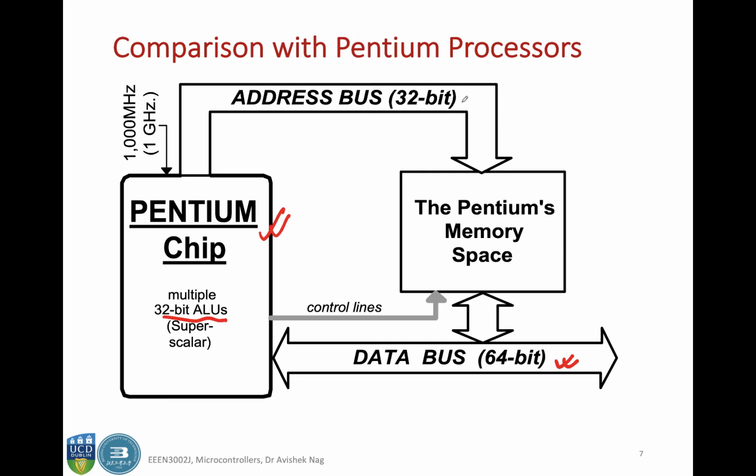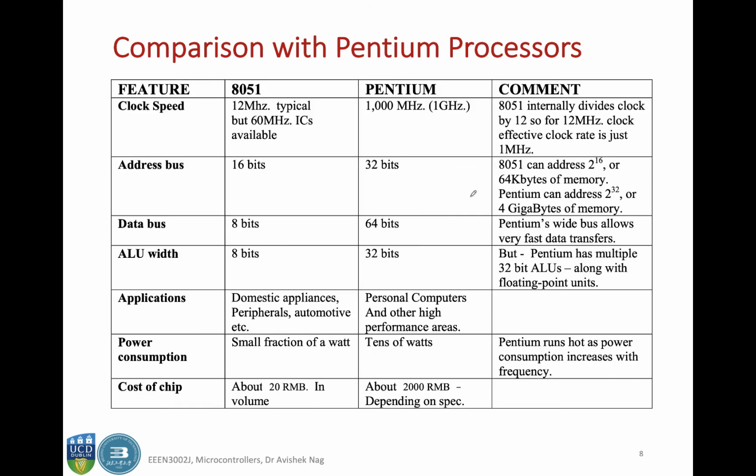The address bus is 32-bit as compared to 16-bit in 8051. So there is quite a bit of scale up both in terms of addressing and data. And then the Pentium's memory space is external. Okay, so let's see in this table the exact differences.